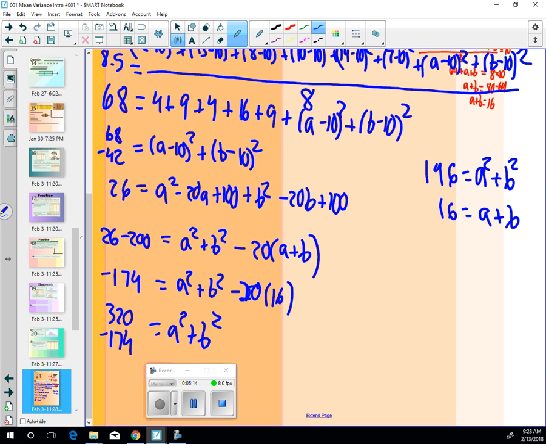Could you solve for those? Yeah, I said. So this is going to be 16 squared is equal to A squared plus 2AB.